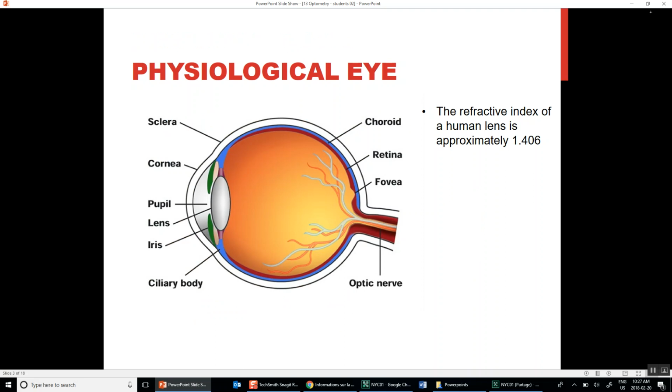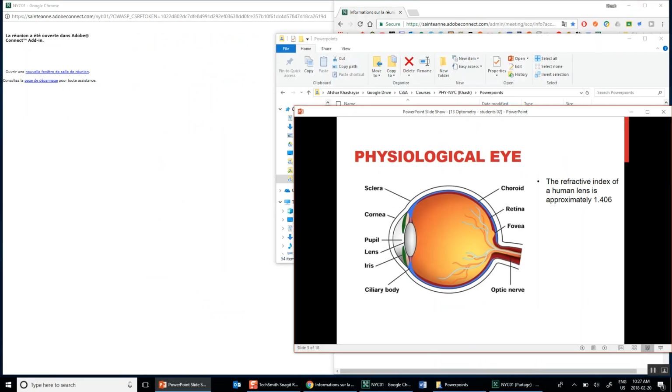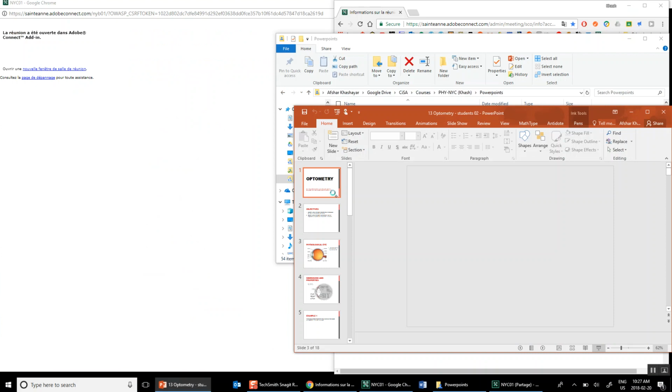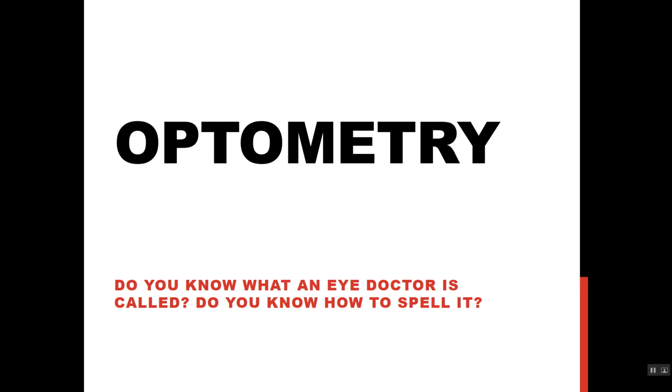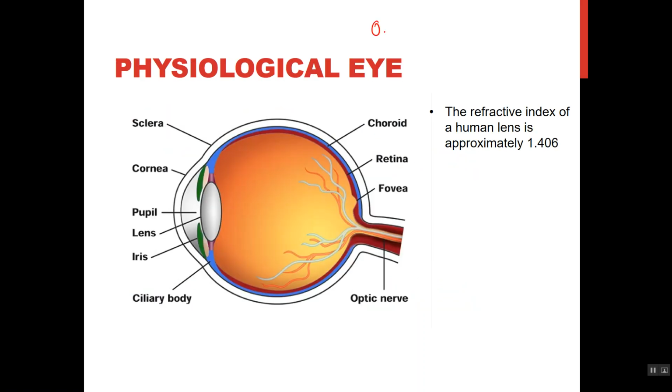Why does this look so weird? Did I press the wrong button before? No. What's after the P?